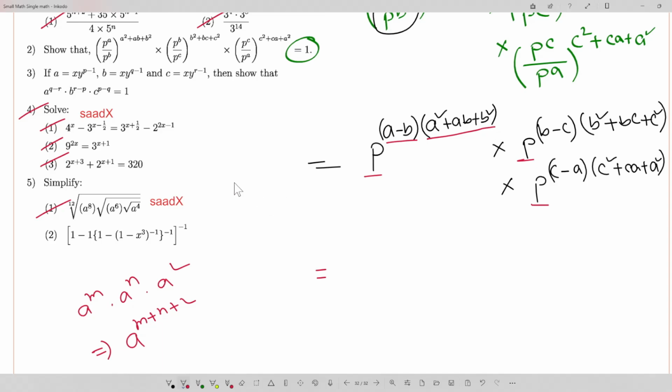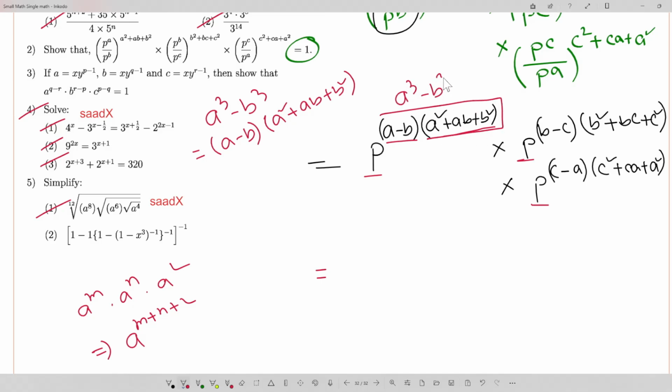What does it mean? It means we know the factorization of a cube minus b cube. We can write a minus b times a square plus ab plus b square. Okay, so no need for big multiplication, we just should follow the rule. So for this one we can write a cube minus b cube.